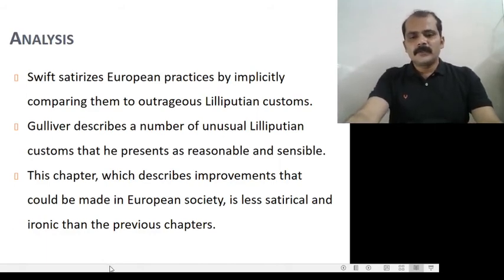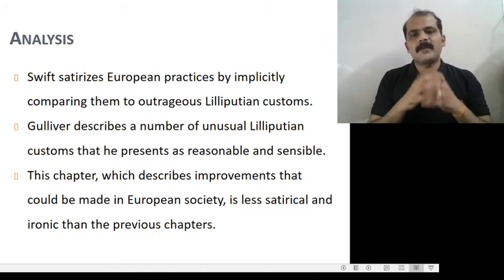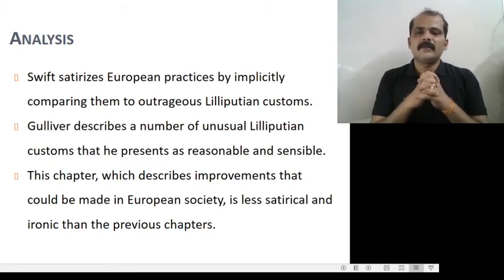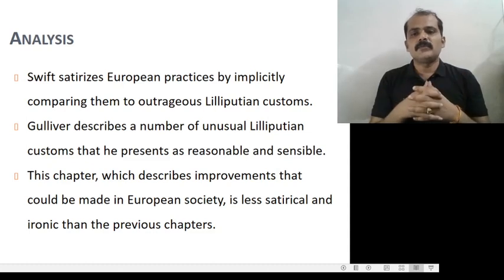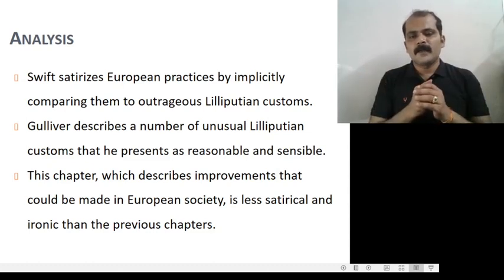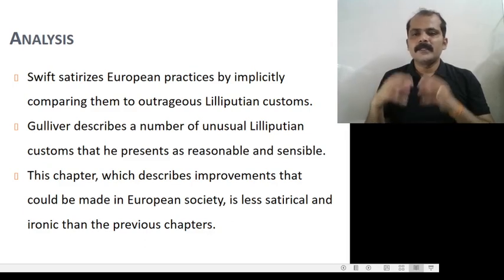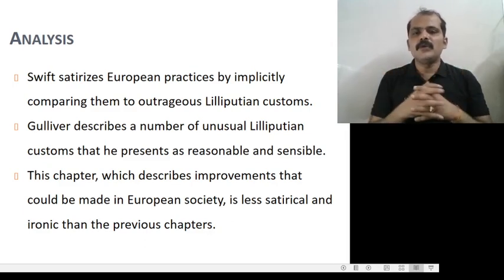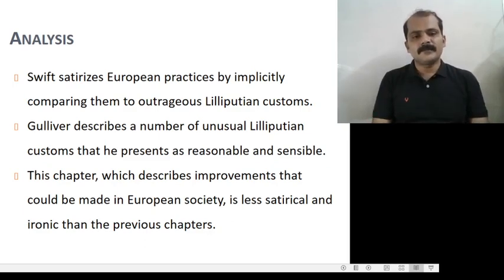Jonathan Swift satirizes European practices by implicitly comparing them to outrageous Lilliputian customs. Gulliver describes a number of unusual Lilliputian customs that he presents as reasonable and sensible. It's very much sensible.